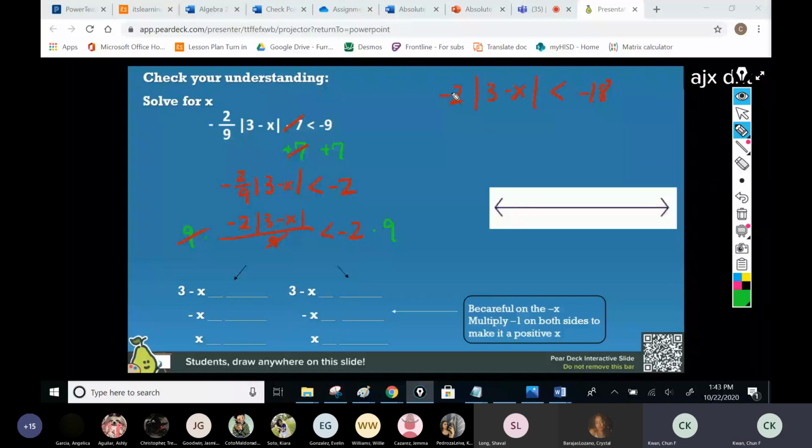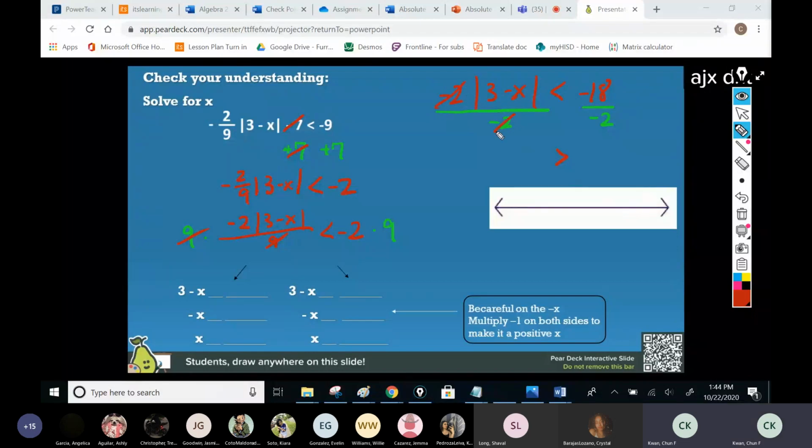And then the next number you want to get rid of is the -2 right here. So you will divide by -2 on the left, divided by -2 on the right. And when you divide by a negative number, the sign is going to flip, all right?